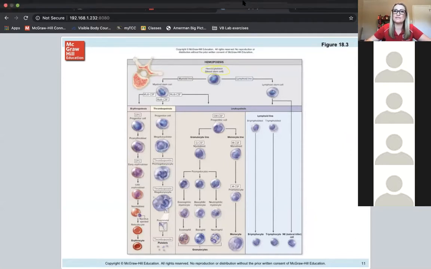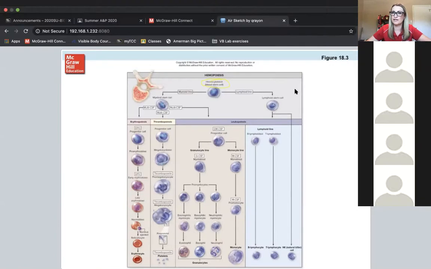Now that blood stem cell can be stimulated to go through one of two processes. And we're not getting into what stimulates it, who that messenger actually is, or how chemically this happens. Just know that sometimes the hemocytoblast will go through the lymphoid line, and sometimes it will go through the myeloid line.